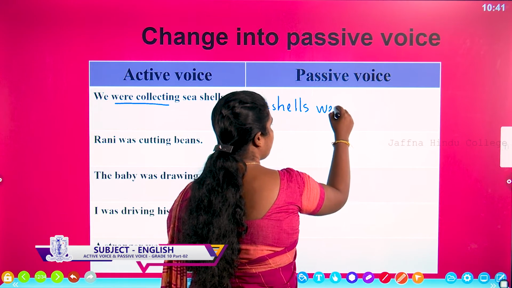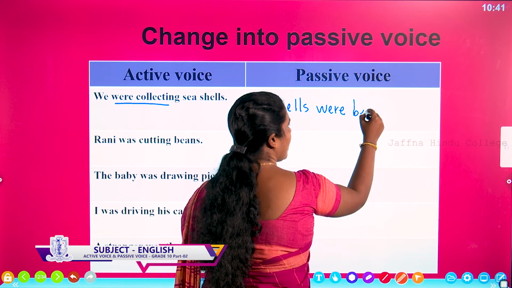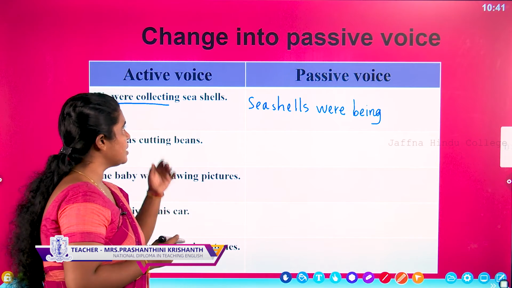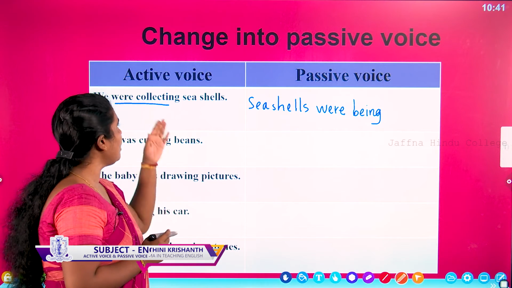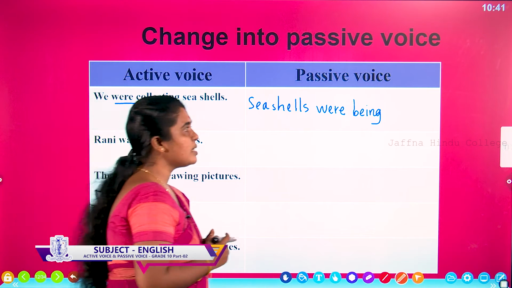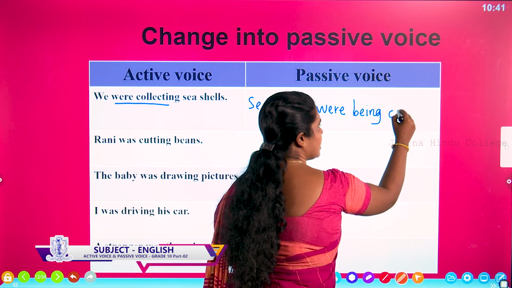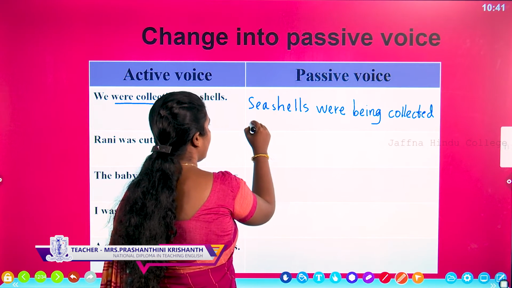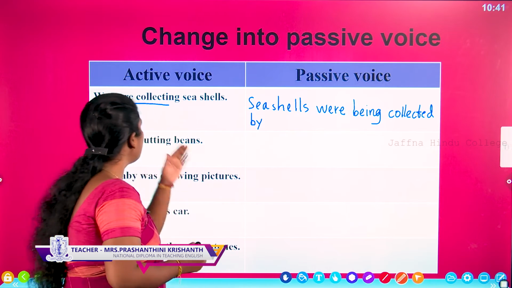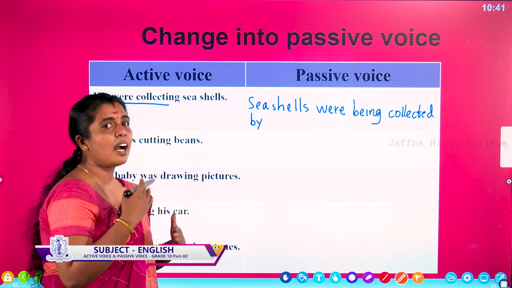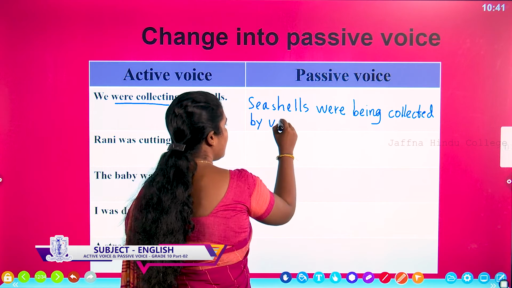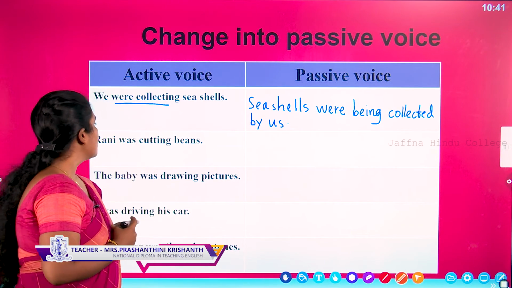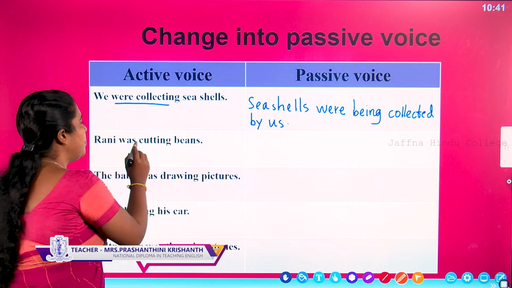Seashells were. Then we have to add being. Next, past participle form of the main verb. So main verb here, collect. So what is the past participle form? Collected. Collected by. Who is the doer? We. So we means us, right? Collected by us. Clear?